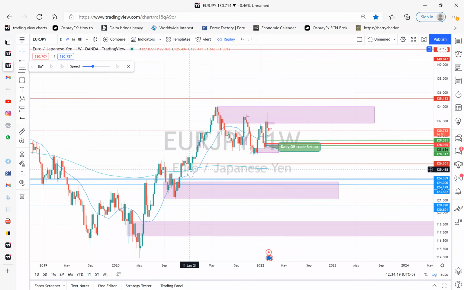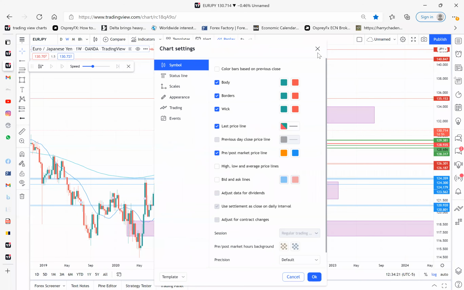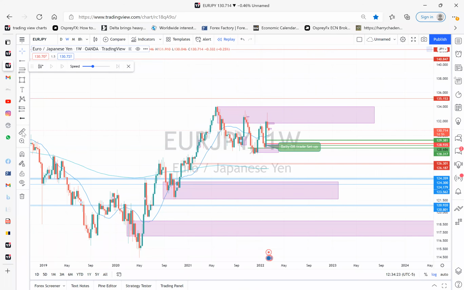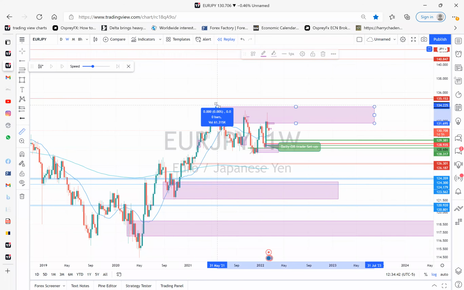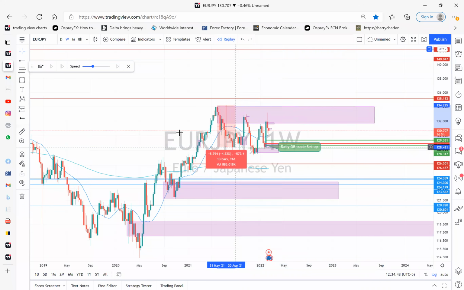This is January last year. So from January last year, from January to May, you get an 850 pip move. From May to September, you get a 600 pip move.